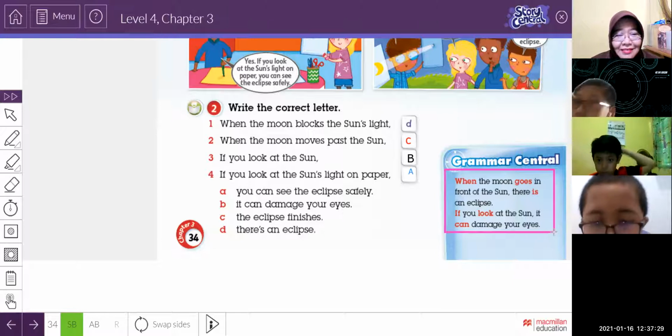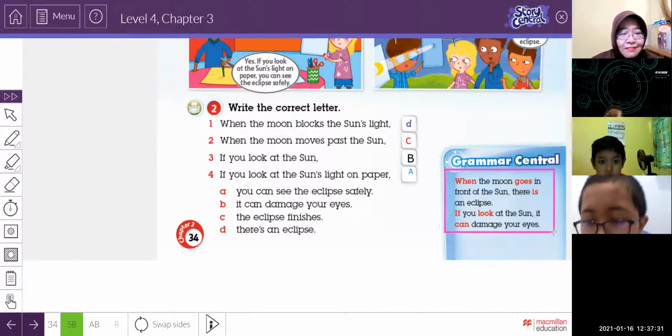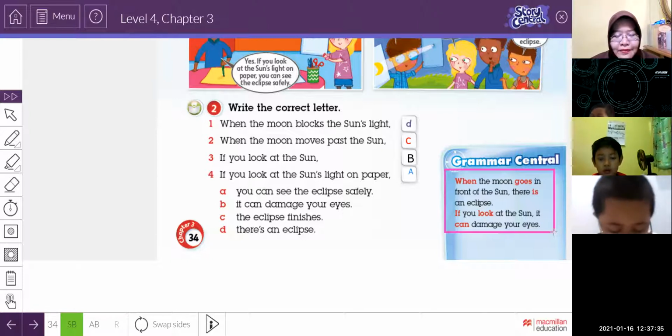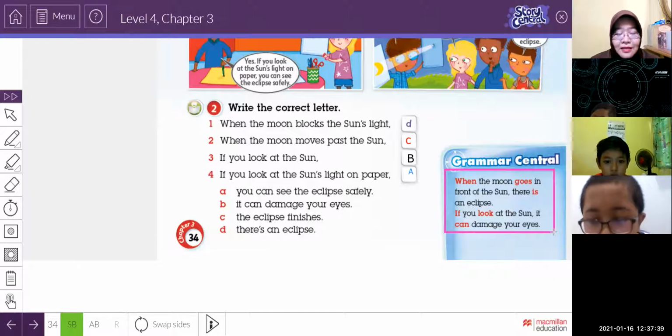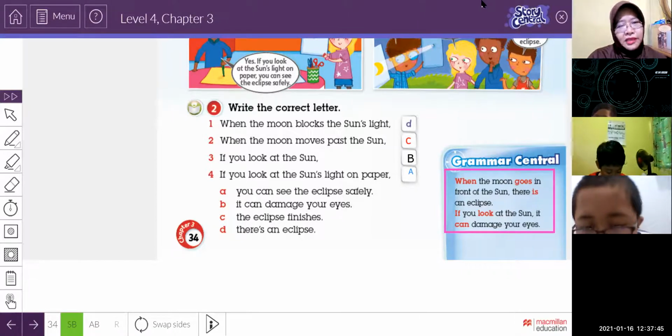Ketika. Okay. How about if? Jika. So what's the difference when you use when and if? You can answer it in Indonesian if you want to. Bedanya apa sih kita pakai when sama if?